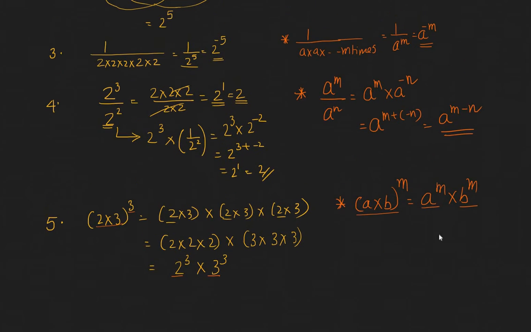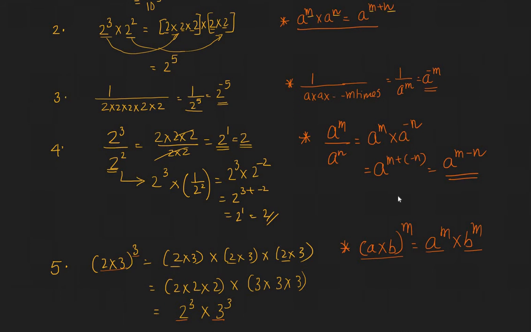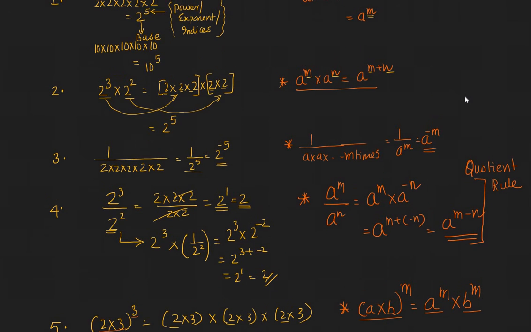Oh, by the way, I forgot to tell you that what you see here is called the quotient rule, and this we call the product rule, right? Don't ask me why they have given these names.